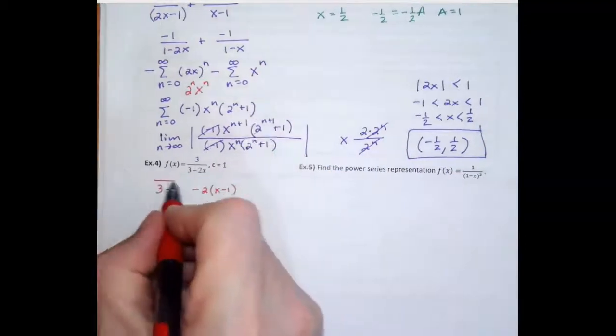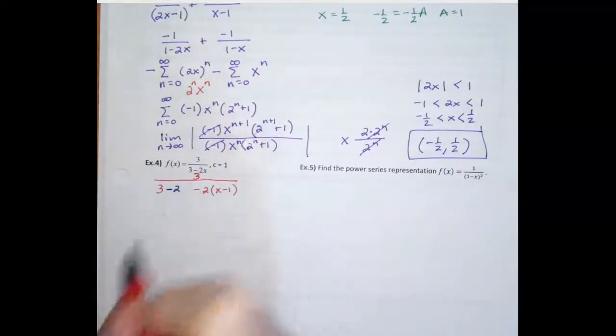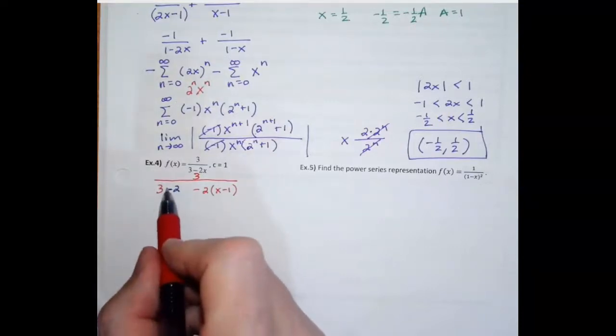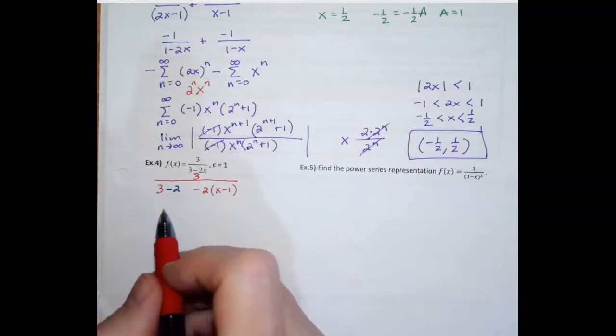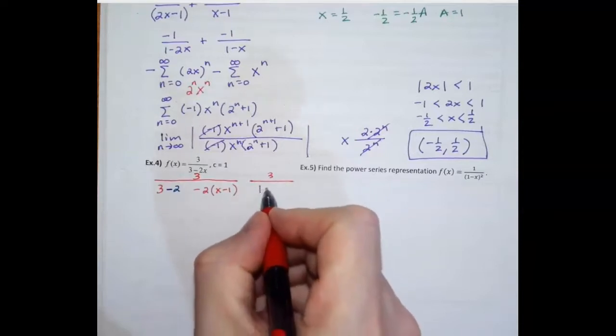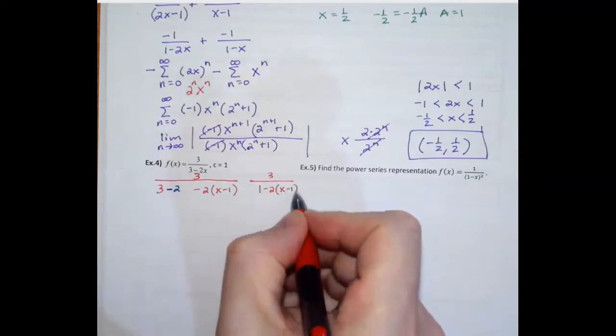And that's still over 3. Okay. So this actually turns out to be 1, which is kind of nice. So that's going to be 3 over 1 minus this.